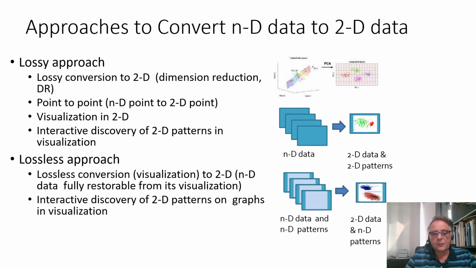In the lossless approach, we actually use ND data and ND pattern, convert them losslessly to 2D, and try to discover 2D patterns in 2D without loss of original ND information.